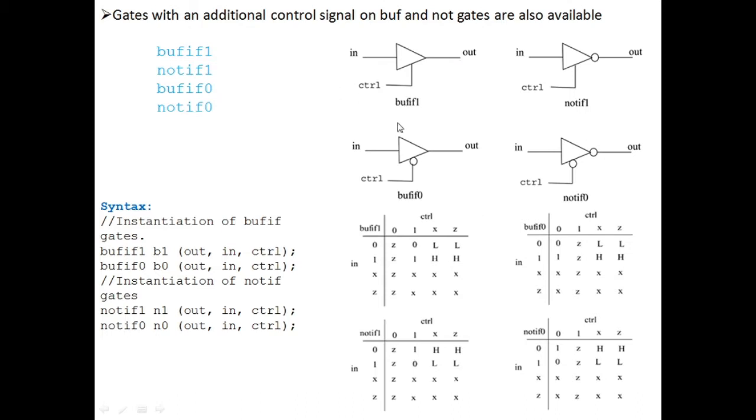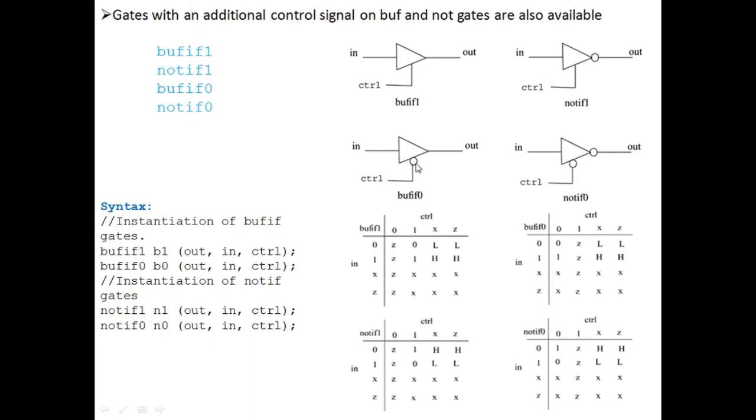Similarly, bufif0. That means a bubble is connected here, a control signal associated with a bubble, that means it is an inverted logic. So the control is asserted when the control input has logic 0, that means this gate is asserted. When the control signal is equal to 1, that means this gate is de-asserted.